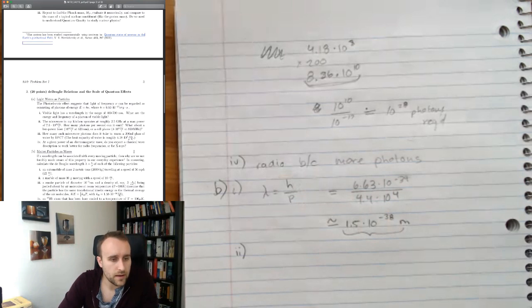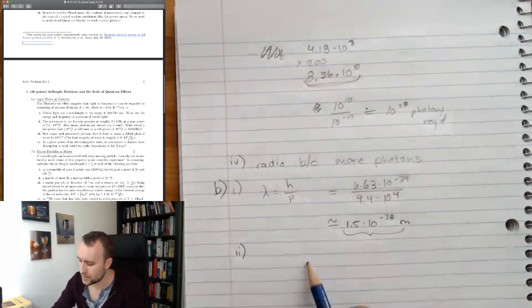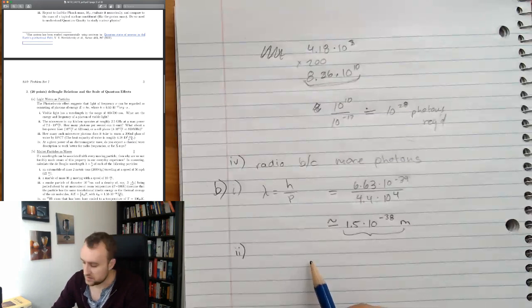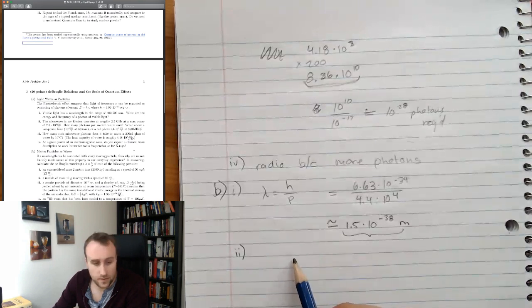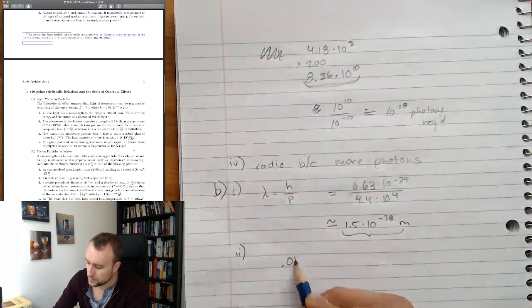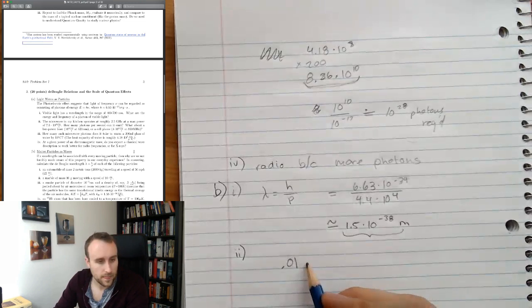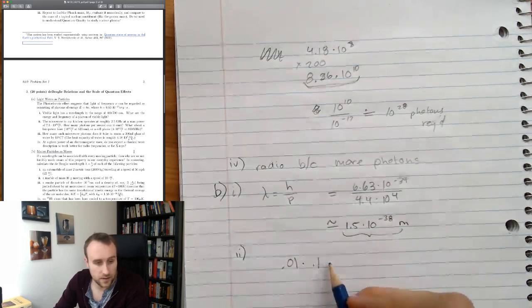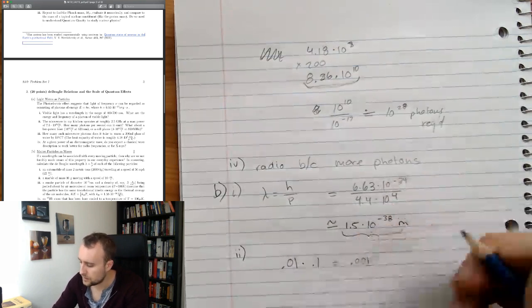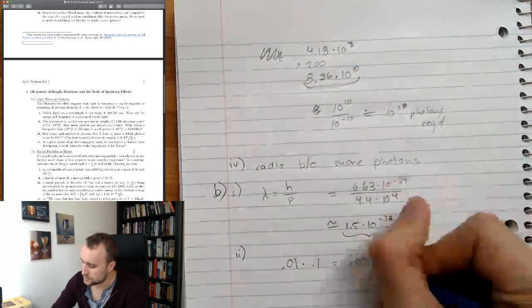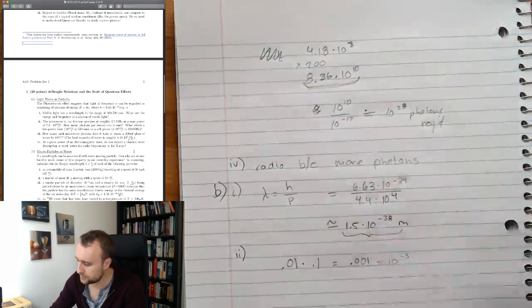2. A marble of mass 10 grams moving with a speed of 10 centimeters per second. All right. So 10 grams is 0.01 kilograms times 0.1 meters per second is equal to 0.001, which is 10 to the negative 3.